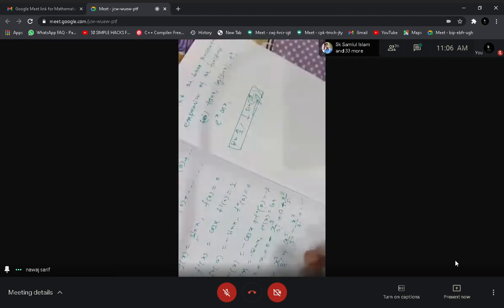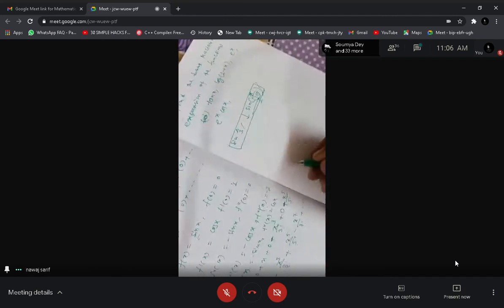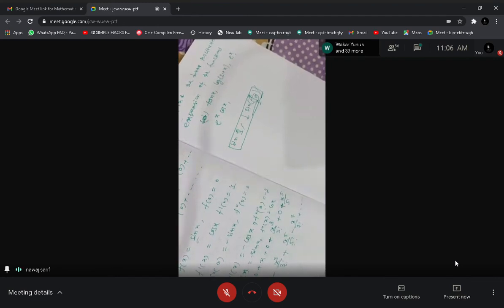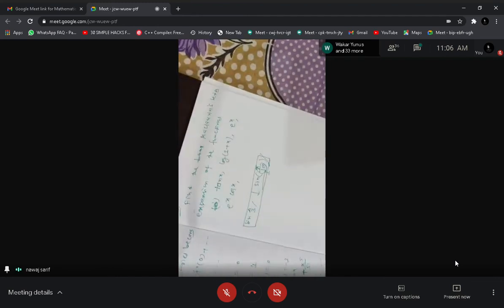So the value of the infinite series is an approximate value. You can approximate a function when you know the expansion of the function. These are the basics of expansion.